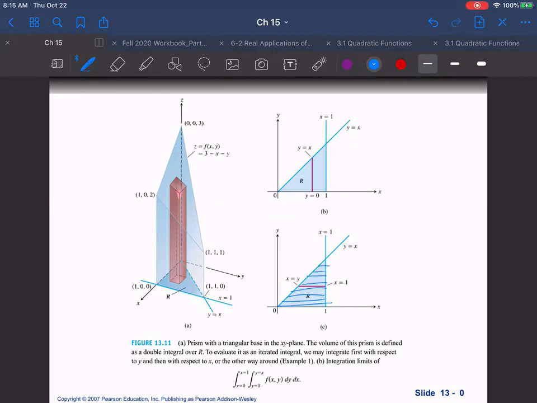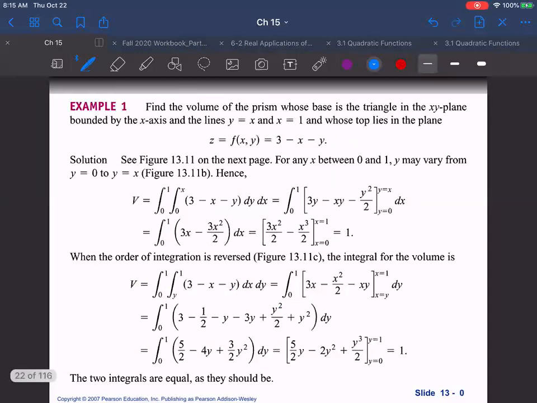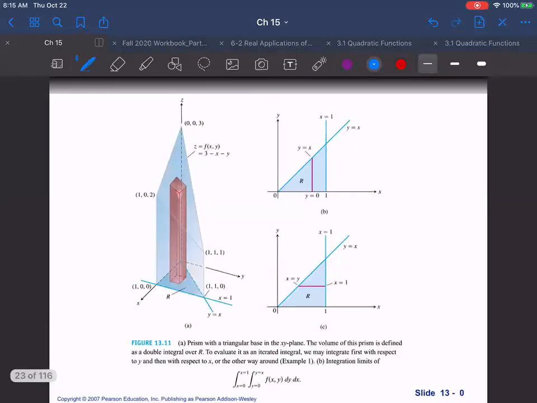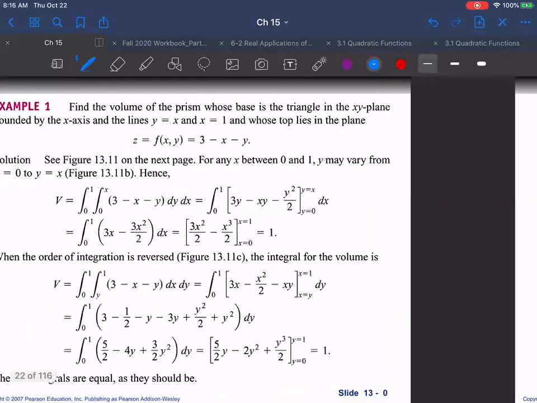And we go out from y, when x equals y, all the way out to when it equals 1. Of course, for dy now, we're still going 0 to 1 because that's what we have up there as well.